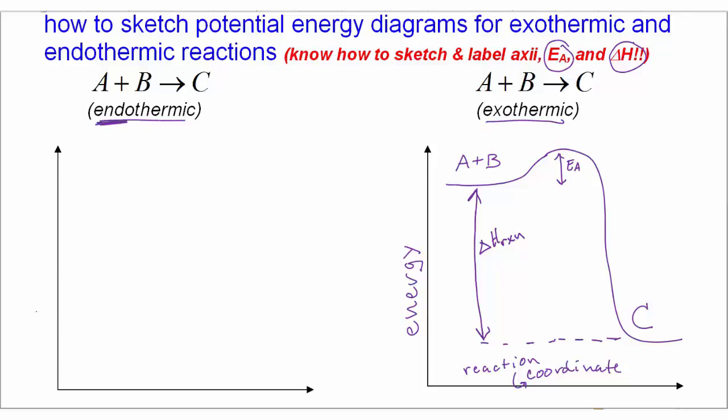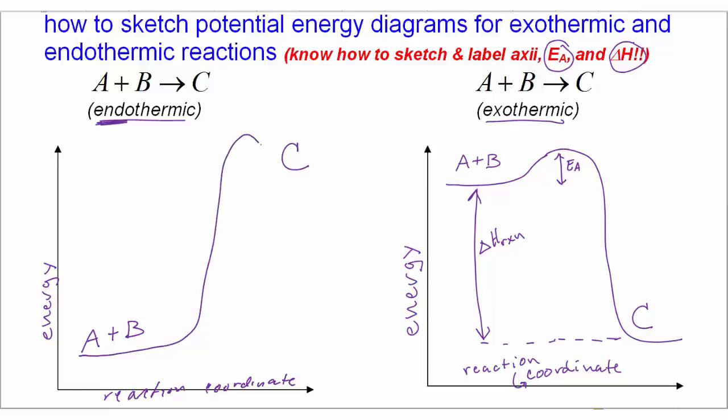Do the same now for an endothermic reaction. Okay, so we're going to have the same axes, energy, okay, we want to start out now. A and B have to start out at a low energy, and they end up at a high energy. Okay, so you draw the curve. Don't forget a hump.